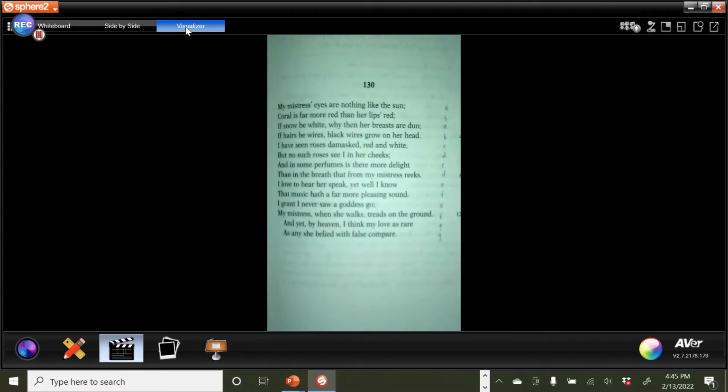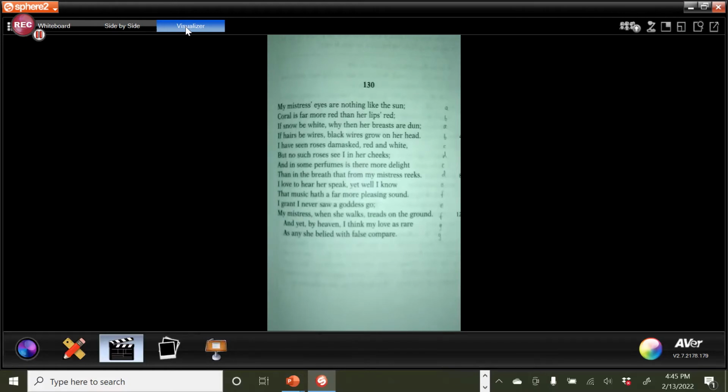He's saying this is not happening for the woman he's describing, again, because we said that she has dark eyes and is dark-skinned with dark, presumably curly hair. Okay. So then coral is far more red than her lips' red.